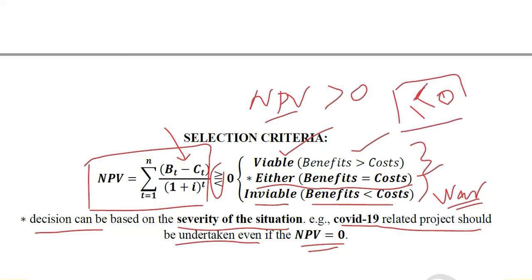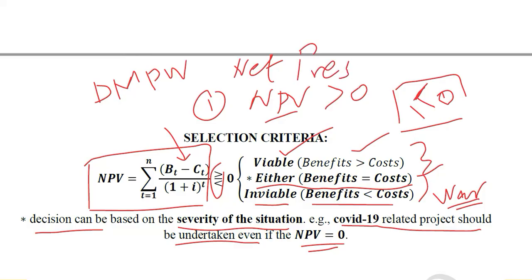So in this video we have understood the very first discounted measure of project worth, and its name is net present value, also represented as NPV. This is the formula and these are the selection criteria, showing how we can select or reject the project and make the recommendation by using the final answer of NPV.